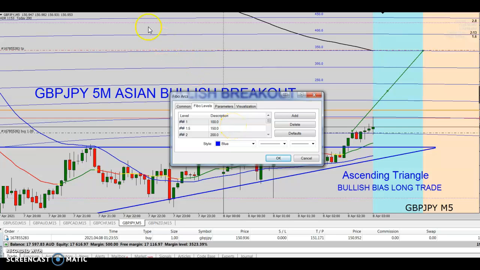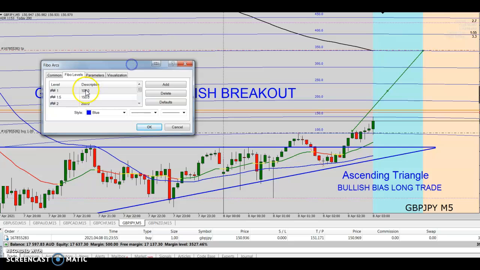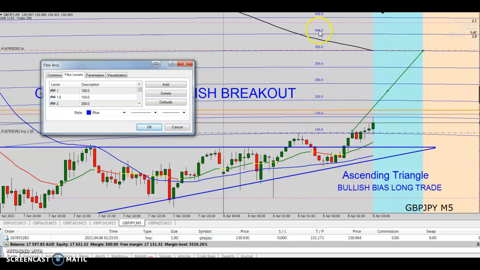Instead of using my regular Fibonacci or a Fibonacci extension indicator, I used the Fibo arc indicator, because then I was able to customize the values that I wanted on it. And what I have done was added 100, 150, 200, 253, 350, 450.